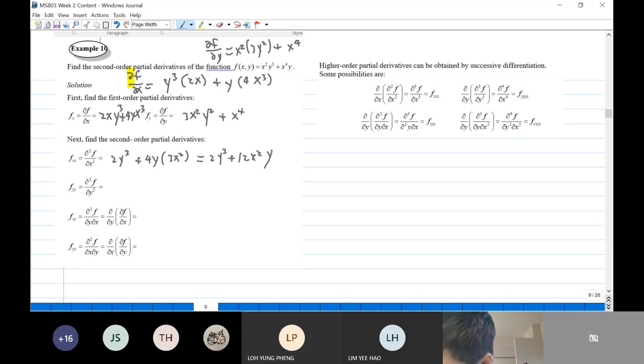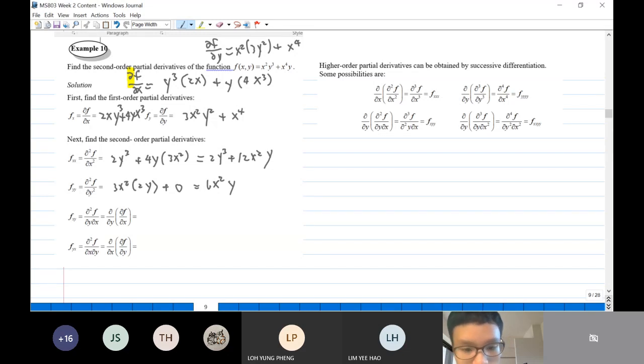That is differentiating with respect to x 2 times. Differentiating with respect to y 2 times, let's see what I get. You get 3x squared times 2y, and then 0 now. So you get 6x squared y.